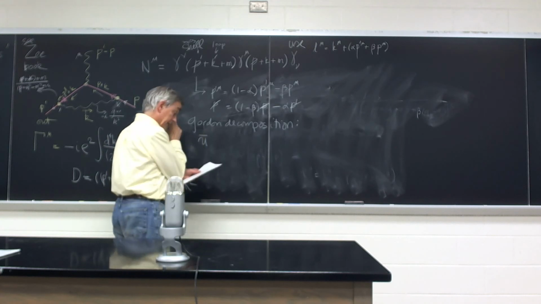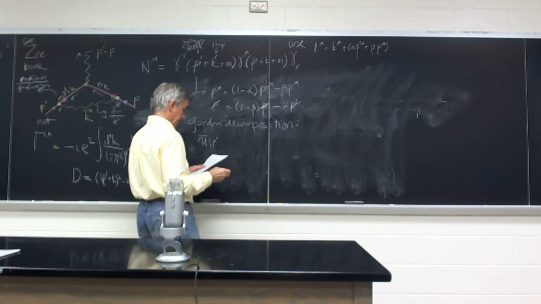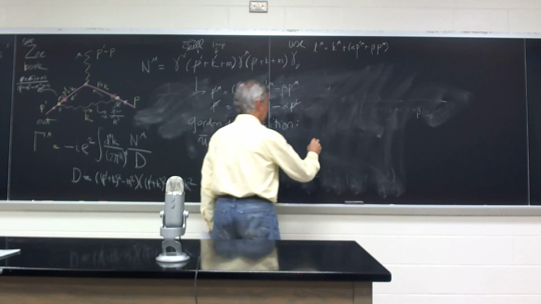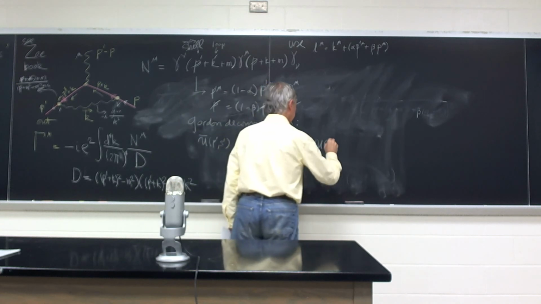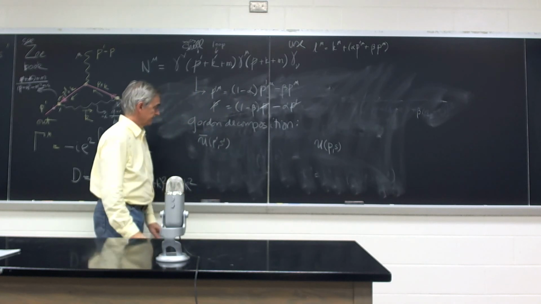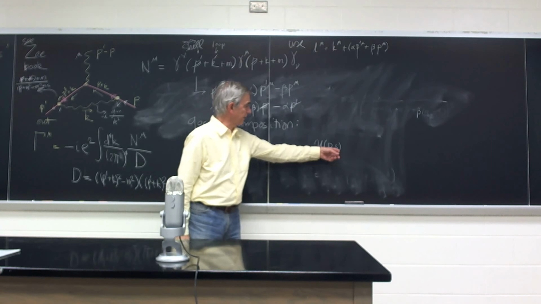When we look at the vertex in P prime and spin out, what this means is you have a matrix element.